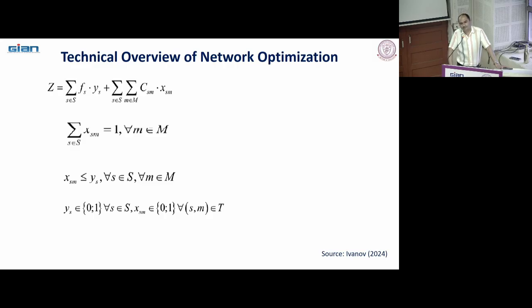Anyone else? What do you mean by facilities available? What happens, suppose if I remove this constraint? Does it make any difference in the model if I remove this constraint?